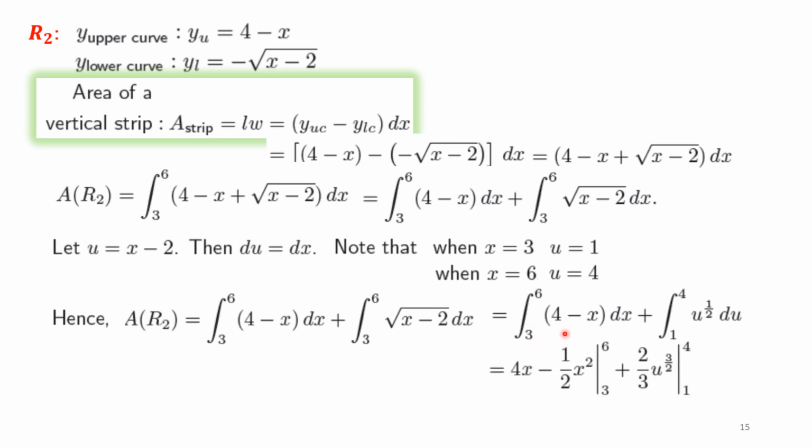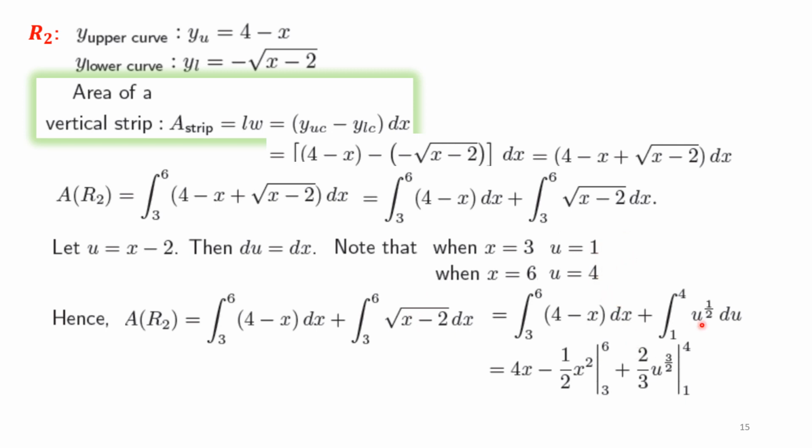Solving for this, when you evaluate, that becomes 4x minus 1 half x squared, okay, that's already x squared over 2, then you have from 3 to 6 here. But because we substituted this value with u, we should also change the limits of integration, which is from 1 to 4 there.